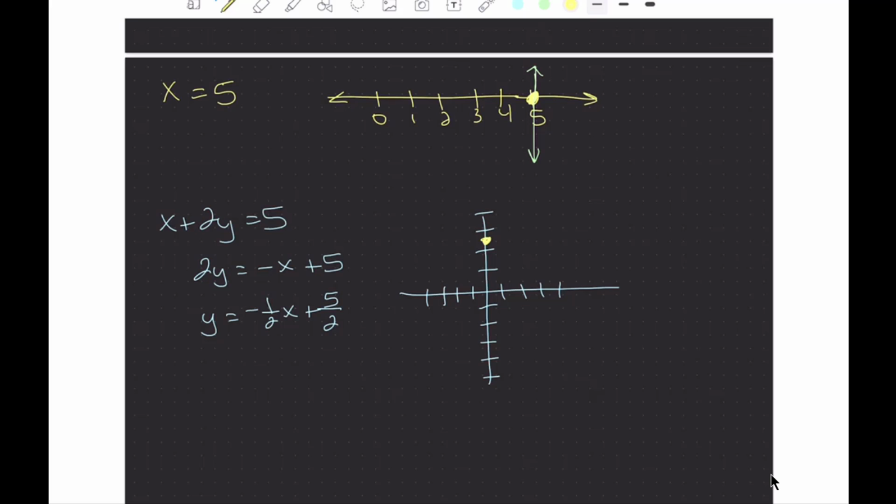Now what are we going to do? Find the slope. So what are we going to do for the slope? Down 1 and over 2, or down 2 and over 1? It should be down 1 over 2. Good job. Yep, down 1 and then over 2, right? So right about there. And then do it again.